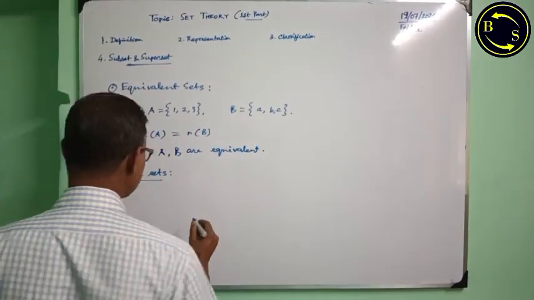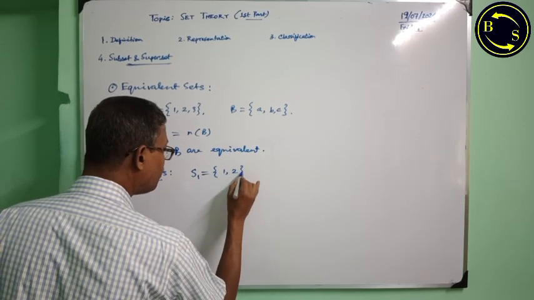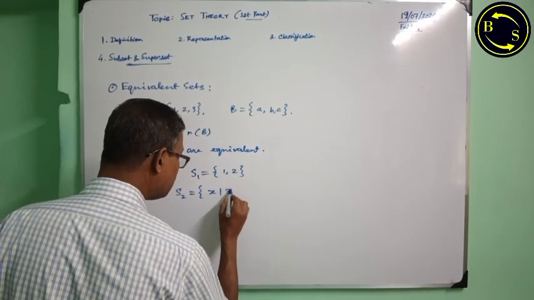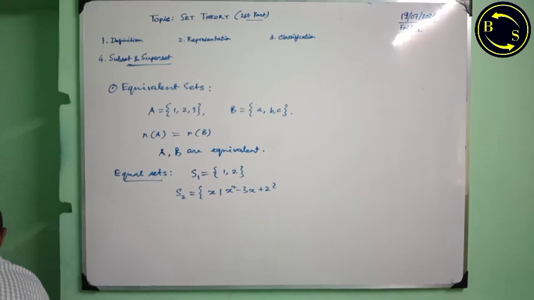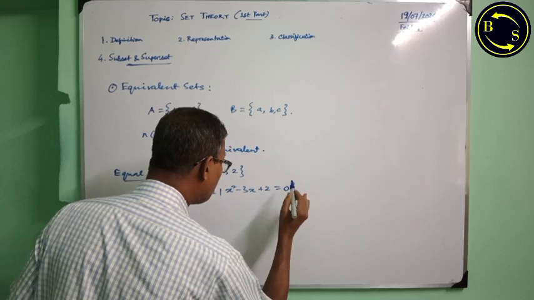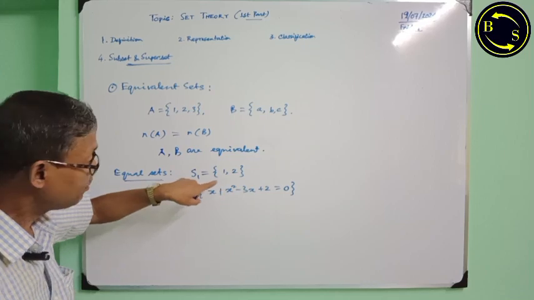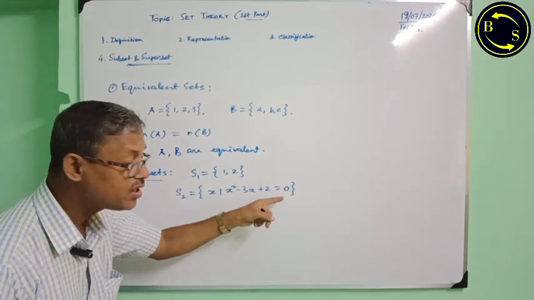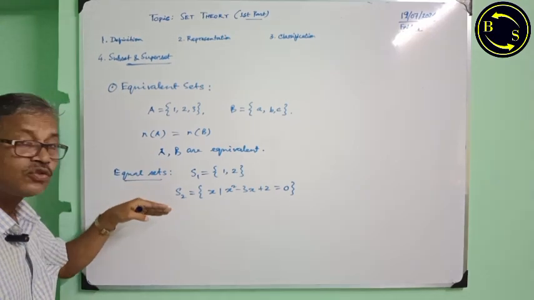For example, set of x such that... S1 has members 1 and 2, S2 has members x such that x satisfies this equation, x square minus 3x plus 2 equal to 0. Now, are these two sets equal?